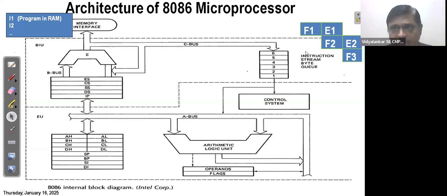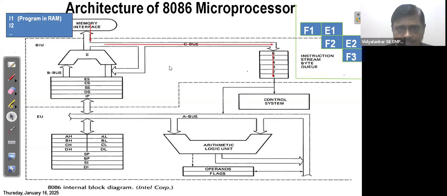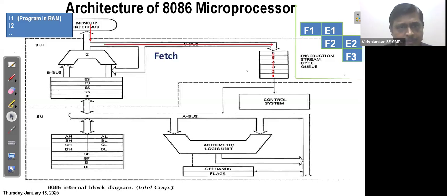Observe this carefully. This box is called the instruction queue. How? Like this. See this carefully. There is a flow which is visible in red color.